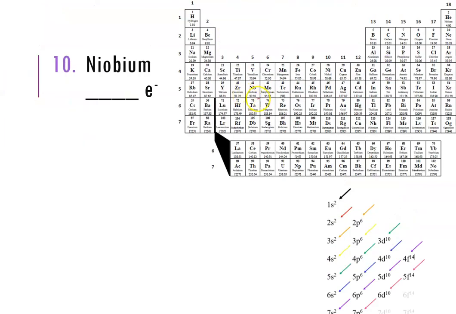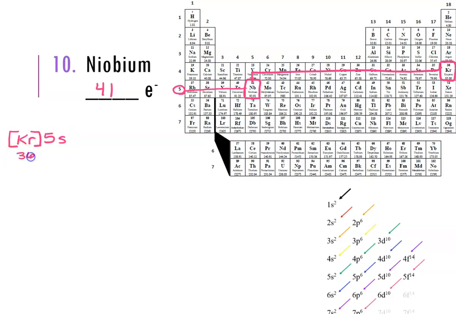Niobium. Niobium is here, number 41. So it has 41 electrons. So I'm going to go up and all the way over to krypton. So I start here with Kr, and then the number I'm going to use is going to be the number that niobium is on. So niobium is on level 5. So I start with 5s.